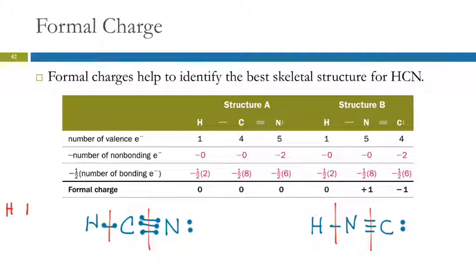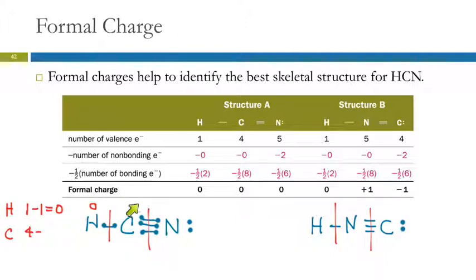Hydrogen has 1 valence electron. When it leaves this molecule, it takes 1 with it, and so that difference is 0. So this hydrogen is going to have a 0 formal charge. Carbon. How many valence electrons does carbon have by itself? It's the group number. 4.